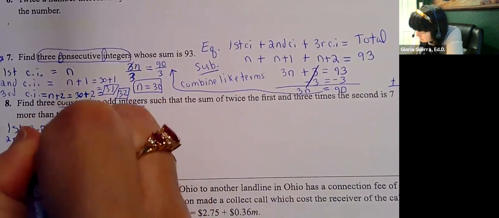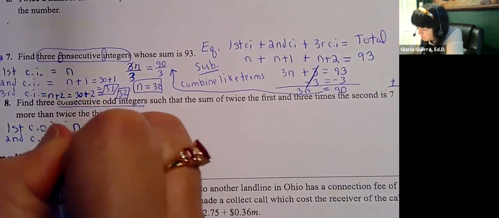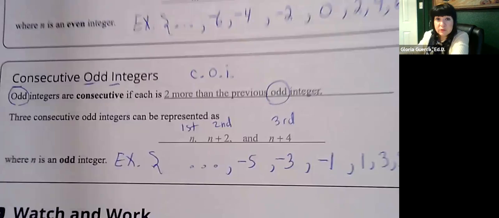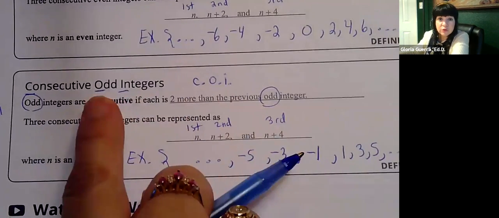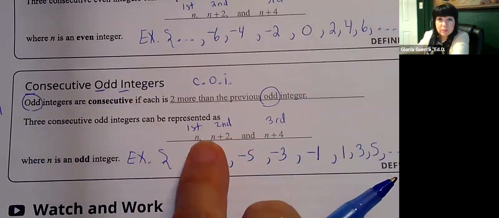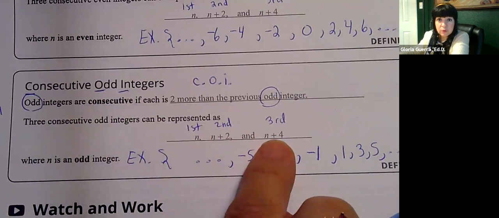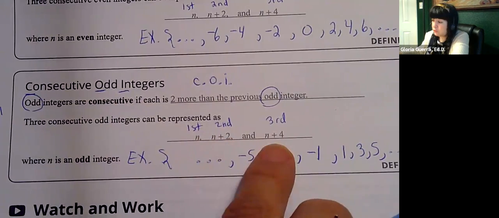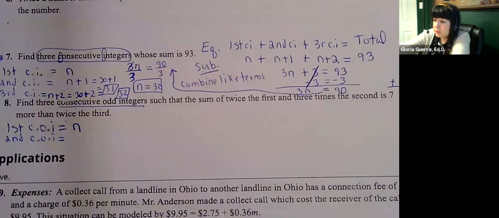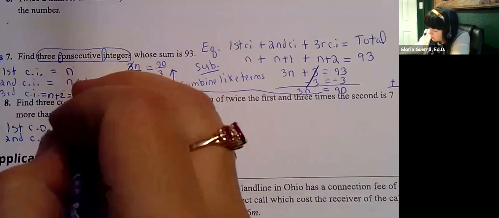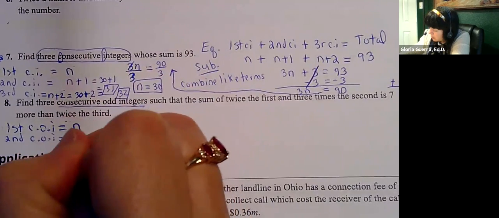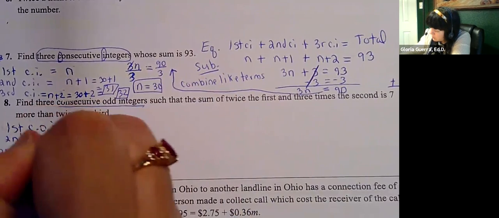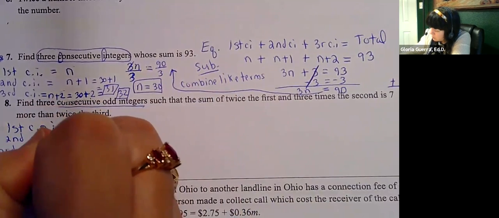Second COI equals, and remember COI, consecutive odd integers, n plus 2, n plus 4. That's what you have to use. So the second is n plus 2, and the third consecutive odd integer is n plus 4.